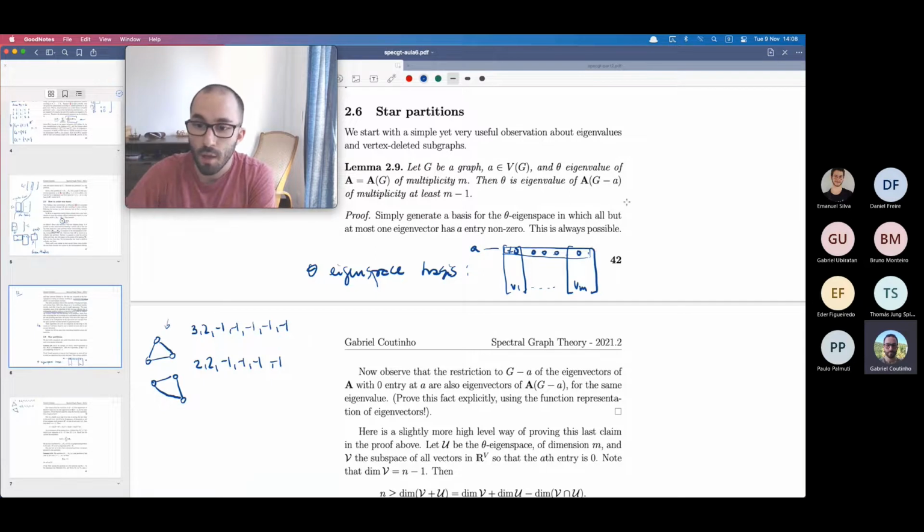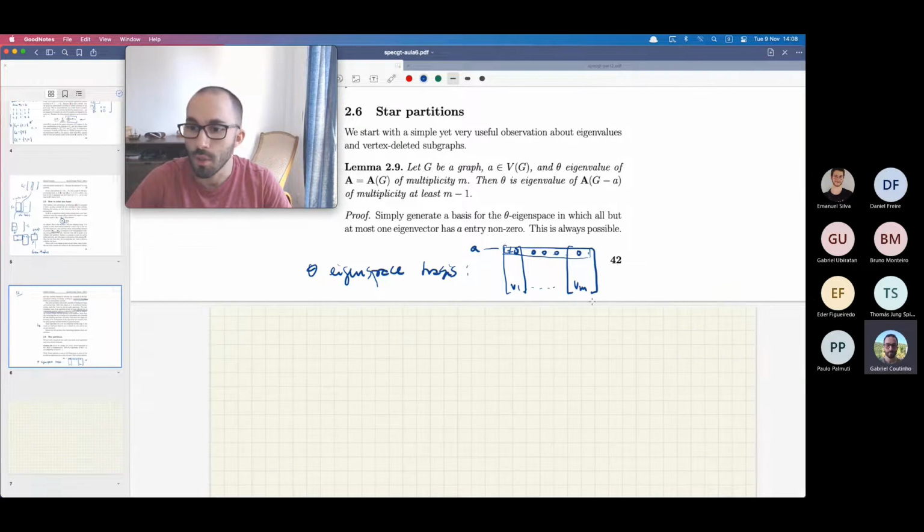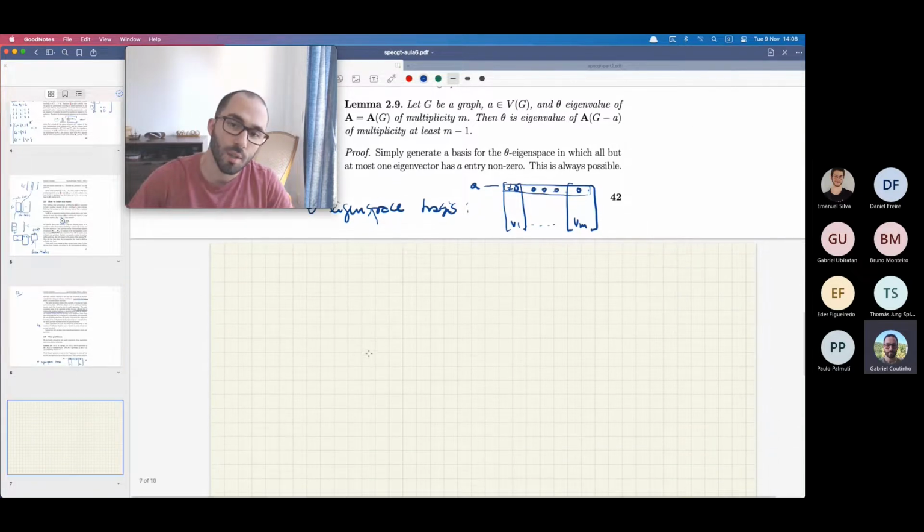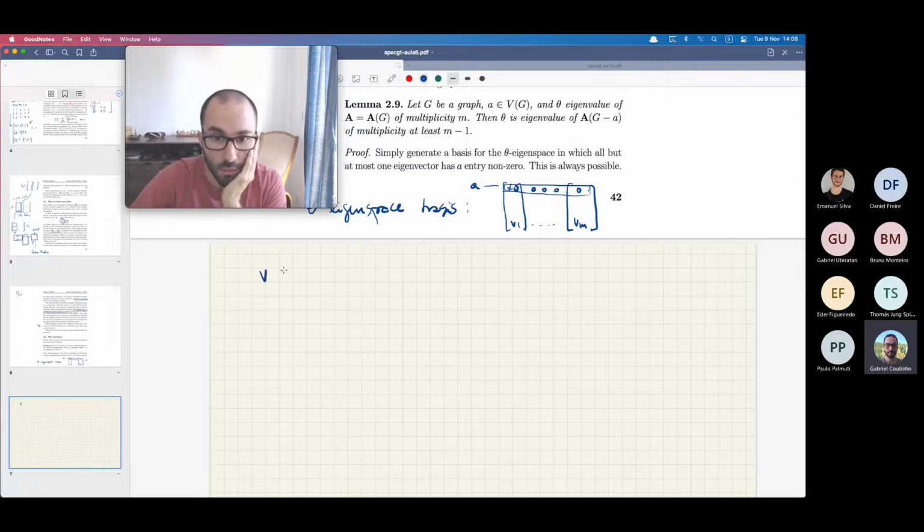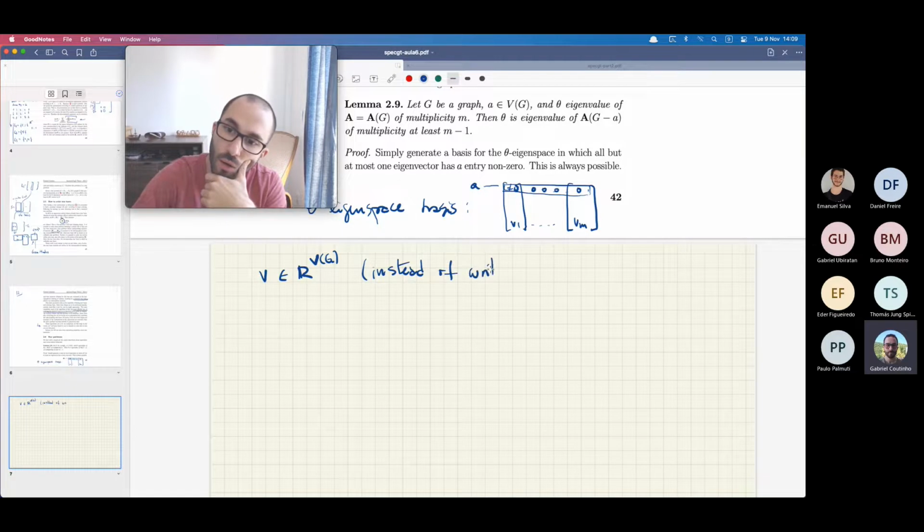Now I want to actually spend a couple of minutes here because this is certainly useful in general. In this course, I will typically say that a vector v belongs to R upper index V, instead of writing v belongs to R^n.